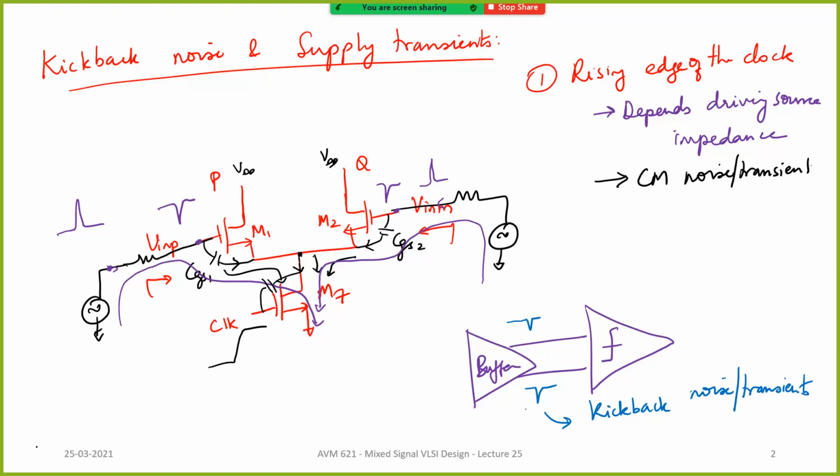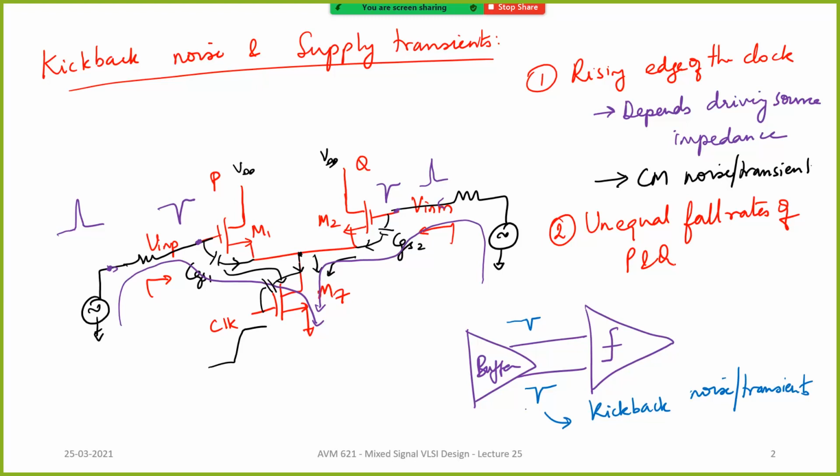Now the second mechanism by which you have glitches at the input is because of the unequal fall rates of P and Q. If you have a fairly good amount of differential voltage, these voltages Vp and Vq are going to fall at different rates, which is what we saw in the previous class.